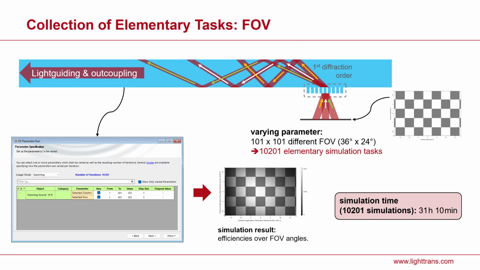As was noted on that initial slide. Here we see that checkerboard pattern. We resolve this test image with 101 times 101 pixels to sample that whole field of view of interest, 36 degrees times 24 degrees.